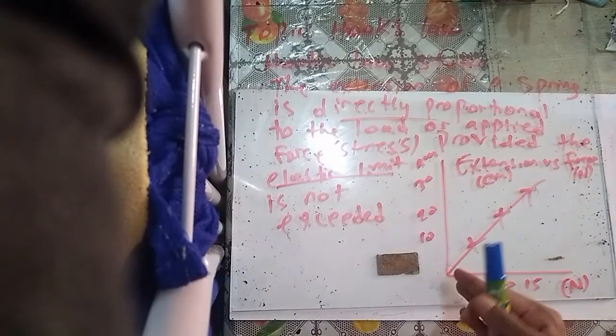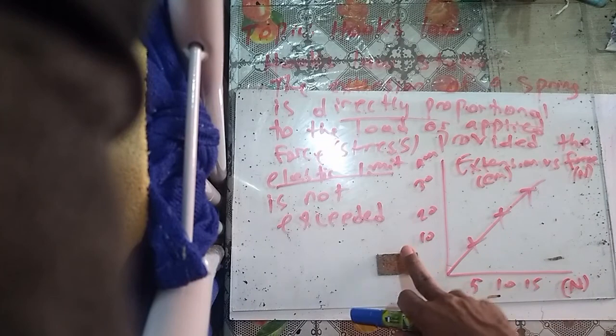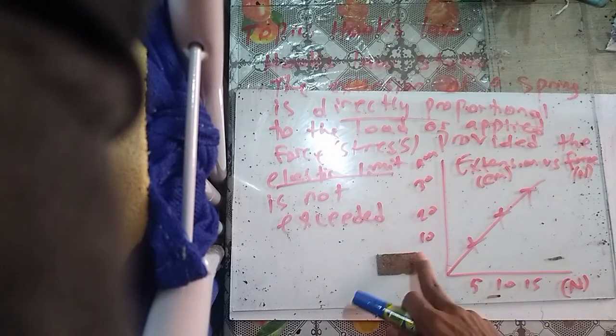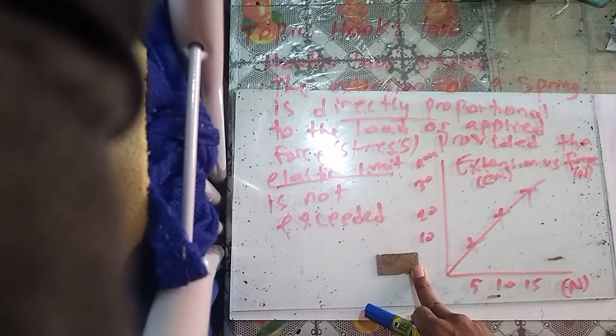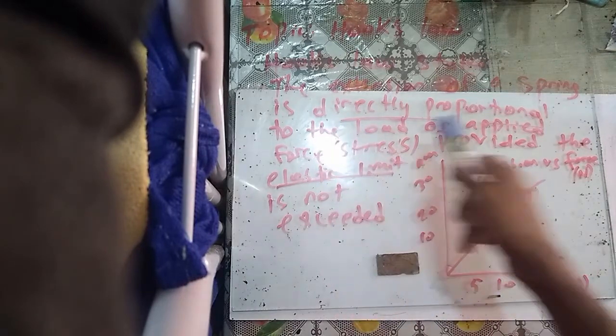So if you have extension and force, this is how the graph would look. The force would go on the x-axis, the extension distance on the y-axis. They say it is directly proportional. This straight line graph is telling you that it is indeed directly proportional.